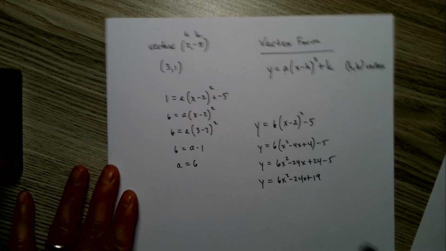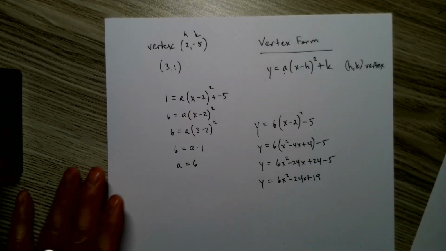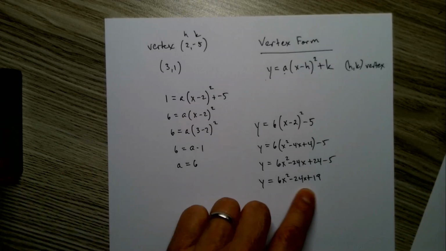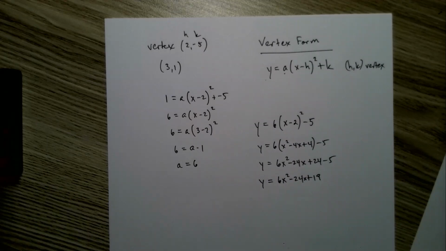And there we go. Y equals 6x squared minus 24x plus 19.